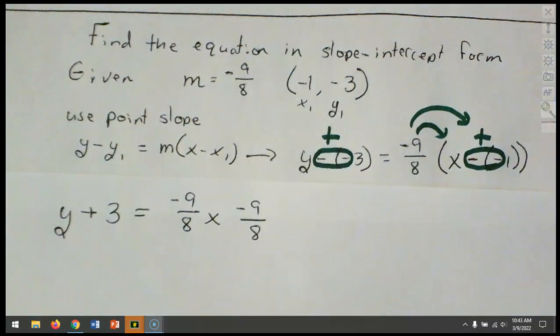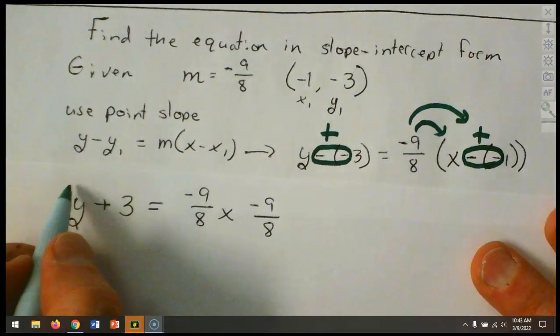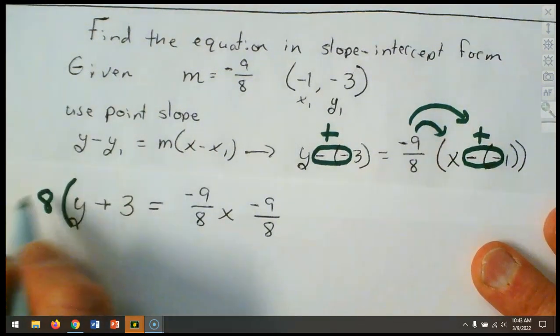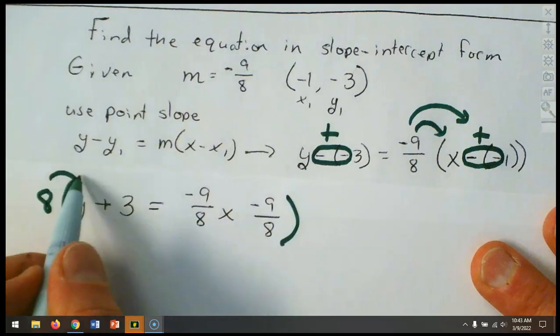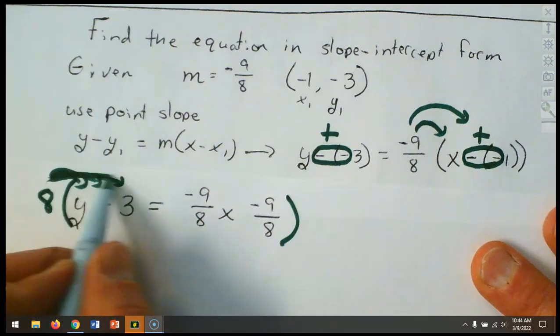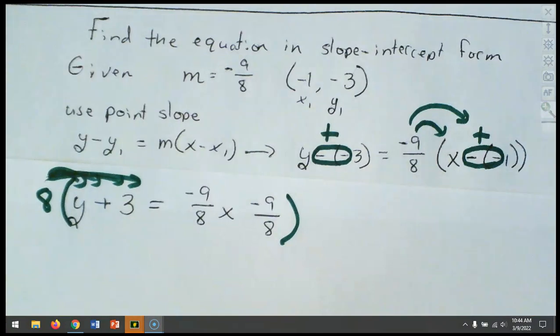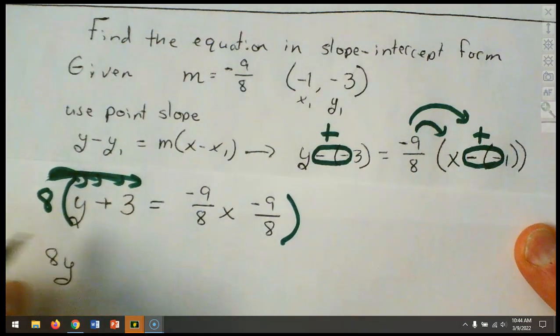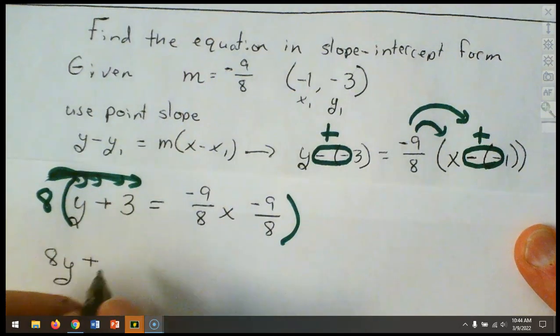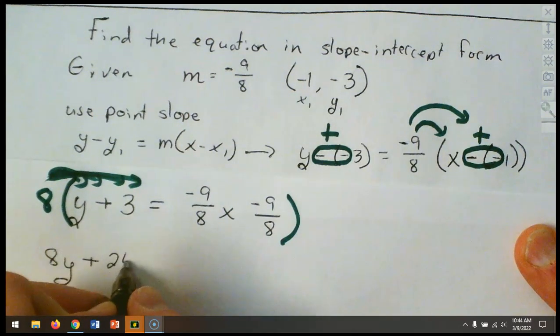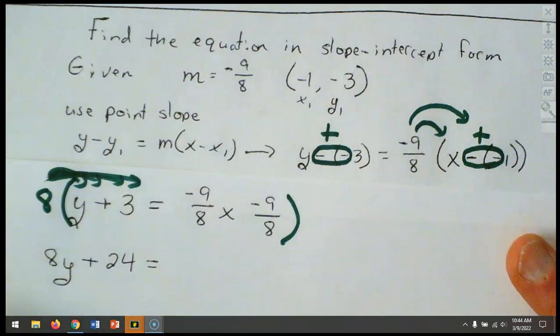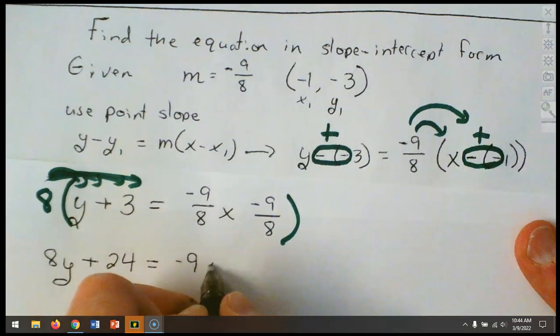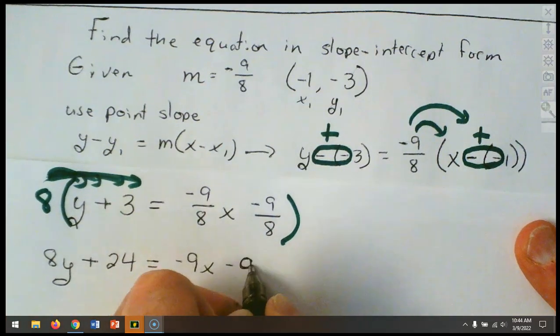I like to always clear the fractions, so we'll multiply everything by an 8. And now we have 8y plus 24 equals minus 9x minus 9.